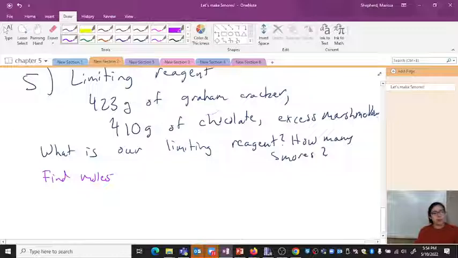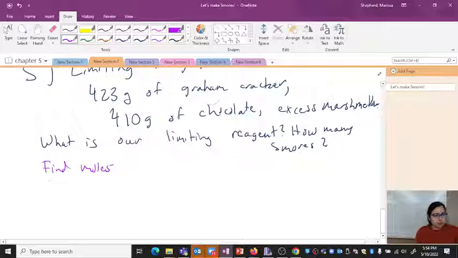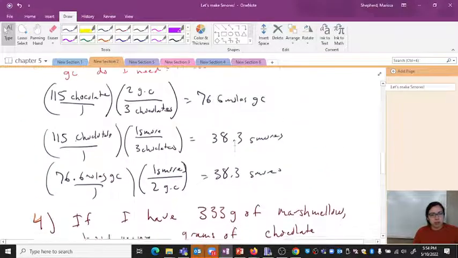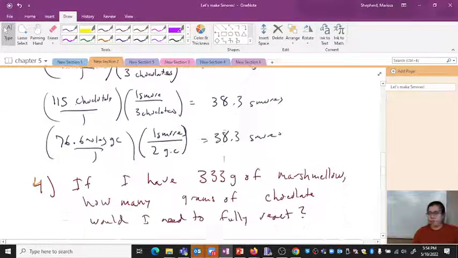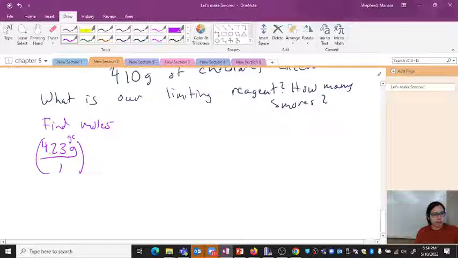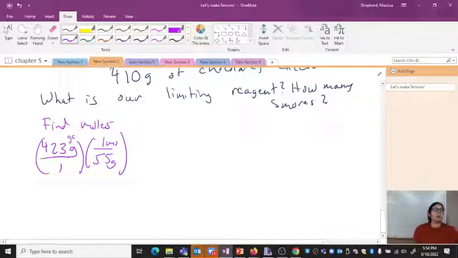We could also just figure out how many s'mores each one would make. So we could start with our graham crackers. We have 423 grams of graham cracker, and we want to convert it to moles. What was the mass of one graham cracker? 55, so we can divide by 55. That gives us moles.